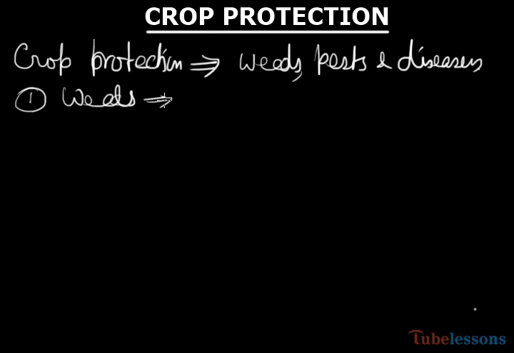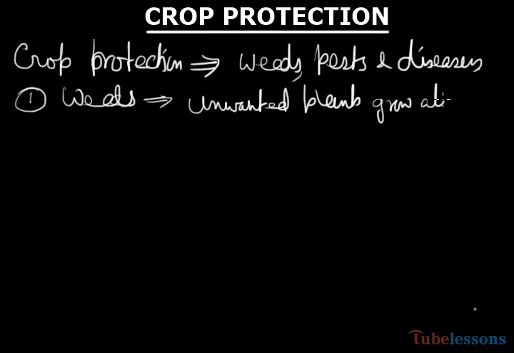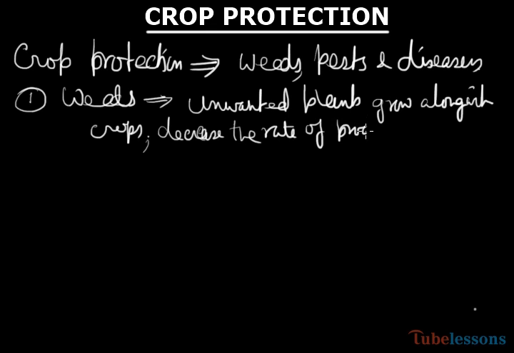Then what is a weed? A weed is actually an unwanted plant that grows along with crops and decreases the rate of production. How do they decrease the rate of production?